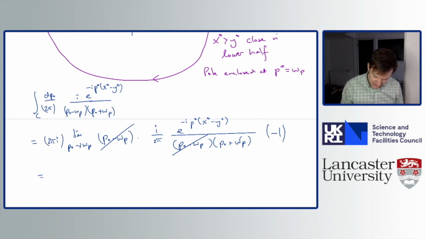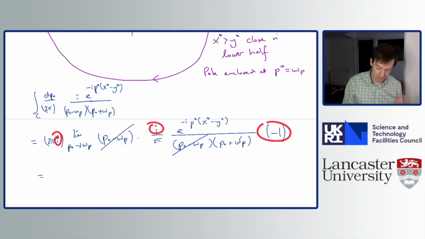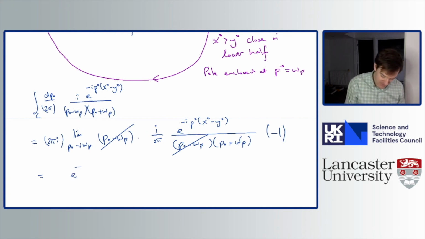We have i times i, which gives -1, and then we have another -1. -1 times -1 is 1. So we end up with a factor 1 from i and -1, and a factor 1 from the 2 pi divided by 2 pi. So we end up with simply -i over 2 omega p, times x naught minus y naught.